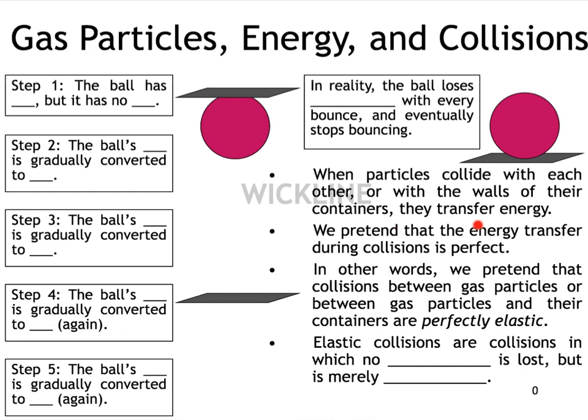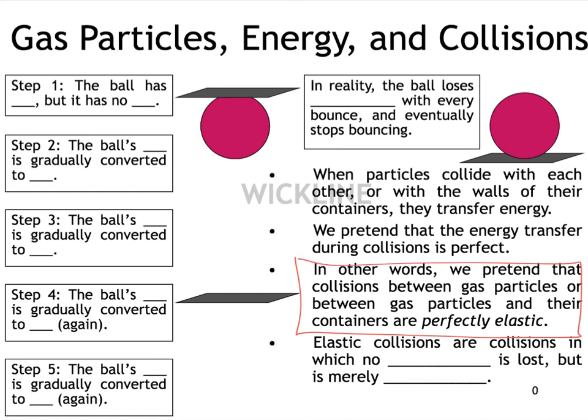And we pretend that energy transfer during collisions is perfect, meaning that all of the energy that a molecule has when it collides with another molecule is perfectly transferred to the other. It's complete and perfect and no energy is lost. So what we say is that they're perfectly elastic. Elastic is a word that means bouncy.